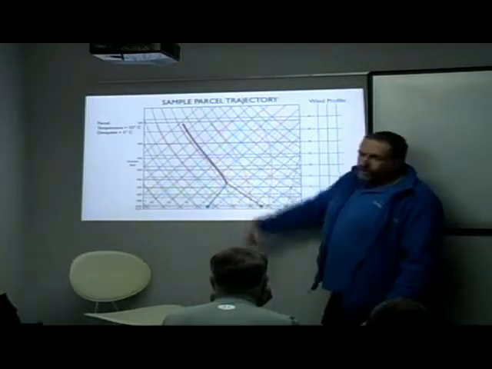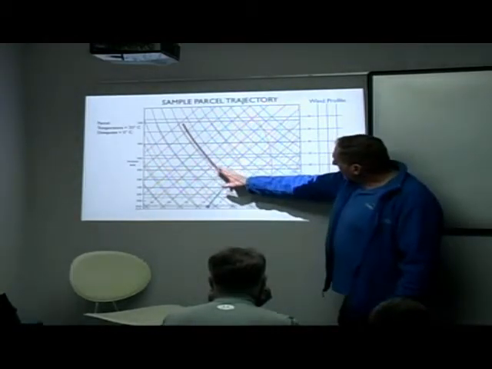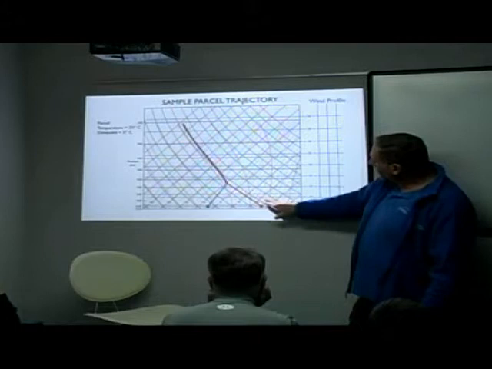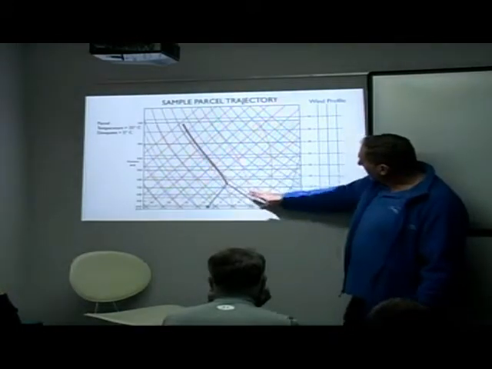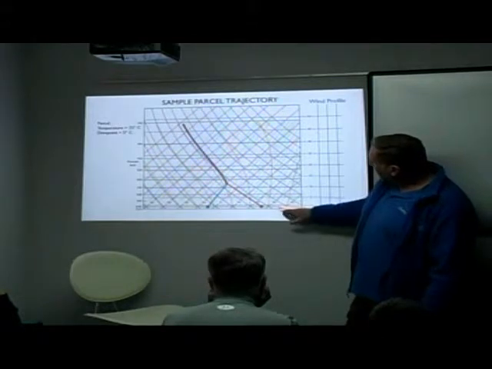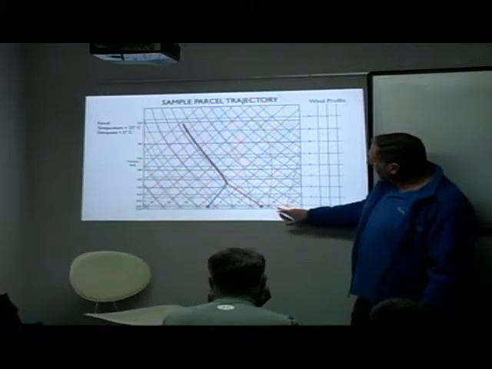So let's say rain fell and just completely removed the moisture from the picture. Now it's going to come down along this line, right? Because it's going to be a dry adiabatic heating. So I pushed the air up along here, went there, and came back down here.